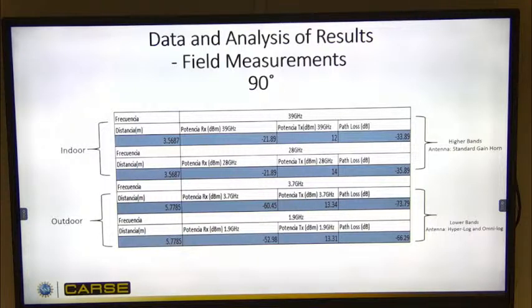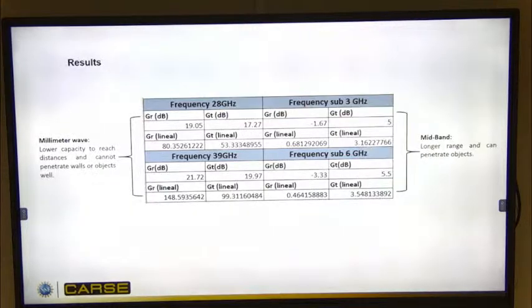And in the case of the lower bands, for the 1.9 gigahertz, there was less path loss than for the 3.7 gigahertz. And well, this can be caused because the higher bands have a lower capacity to reach distances and cannot penetrate walls or objects well. And in the case of the lower bands, they have a longer range and can penetrate objects better.